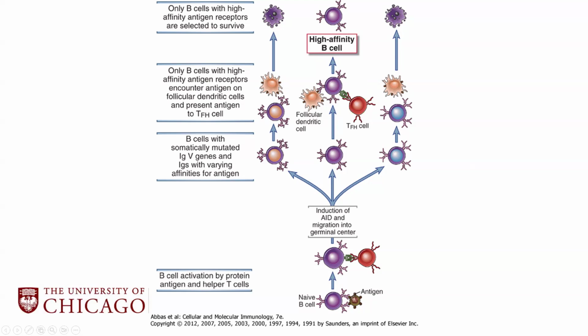Some are going to die off, some are not. You're going to select for the higher affinities, and only those with the highest affinities after going through this process will be the ones that are signaled to survive. The rest, as they get lower and lower affinity, will die off.